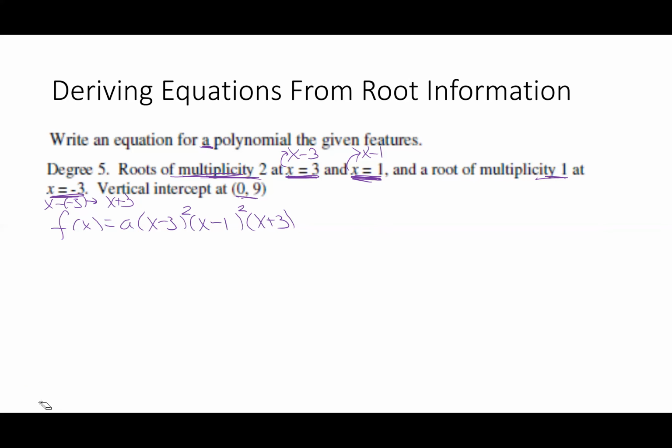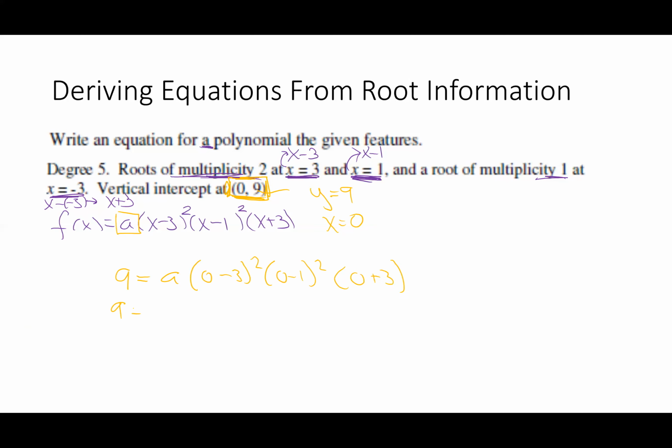Now, again, the a value. It's probably become a sort of trend at this point where it's like, oh, good, here comes the a value. So now we're going to use this coordinate pair to solve. We've got y equals 9 when x equals 0. So now I've got 9 is equal to a times (0 minus 3) squared, (0 minus 1) squared, (0 plus 3).